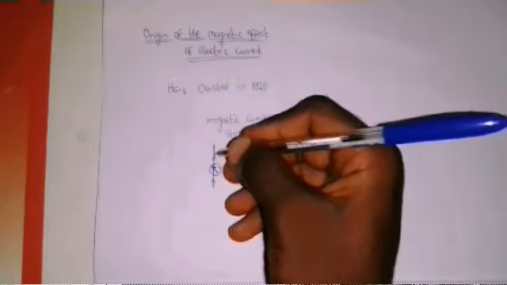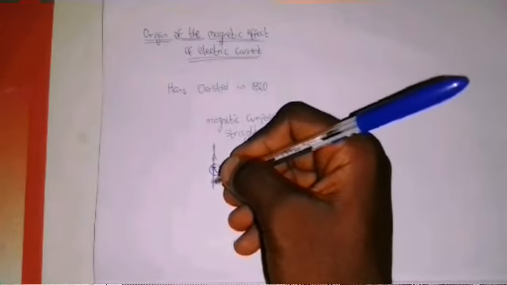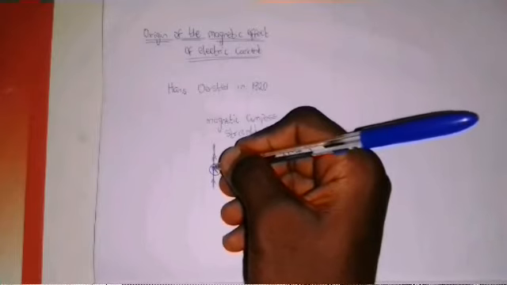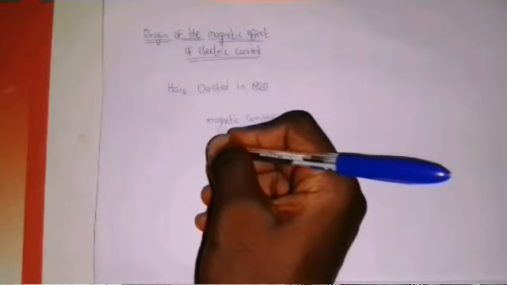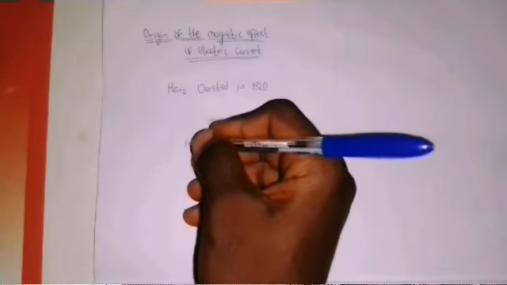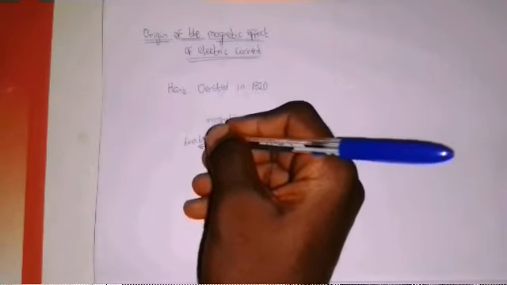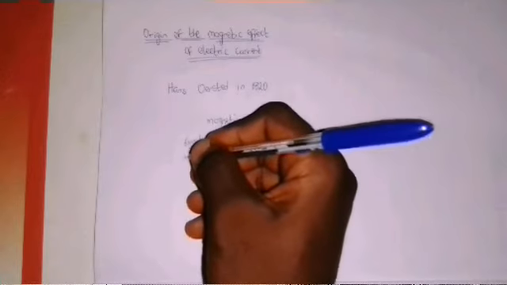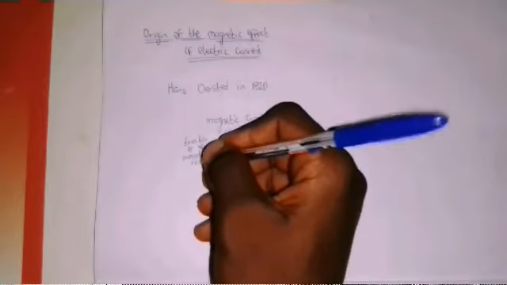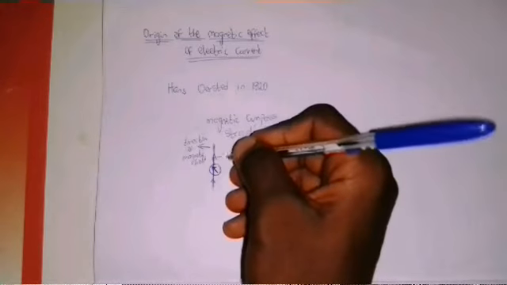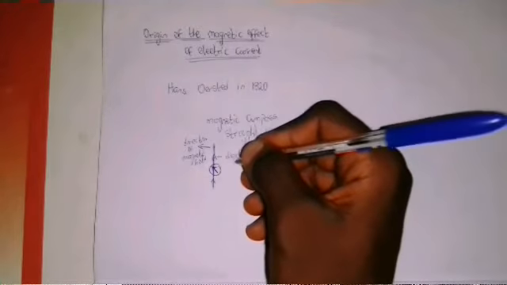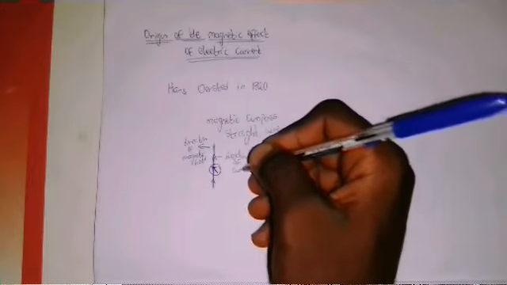This is a wire. If the current is moved in this direction, the magnetic field will be deflected to this direction. So this was the direction of the magnetic field, while this was the direction of current, upwards.